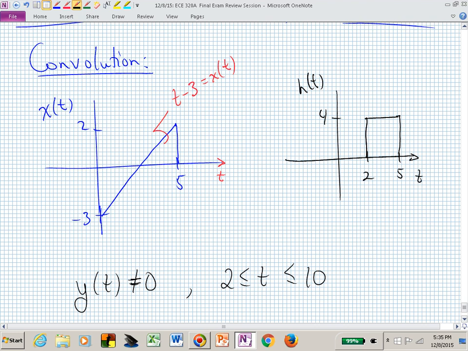It moves at 4, constant, from 2 to 5. So I hit it at 0, and I kept seeing something at 5. Now, with x of t, I'm still hitting it at 5. Well, I've learned that it still keeps shaking 5 units thereafter. So 5 plus 5 gives me 10.